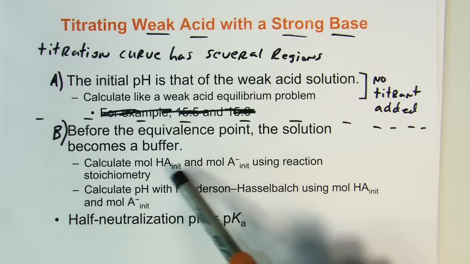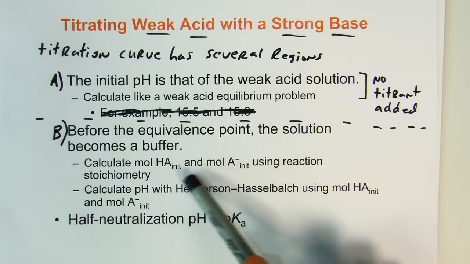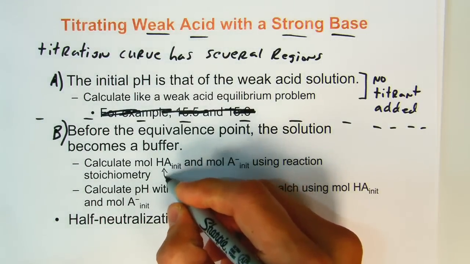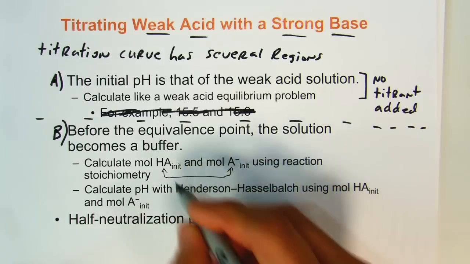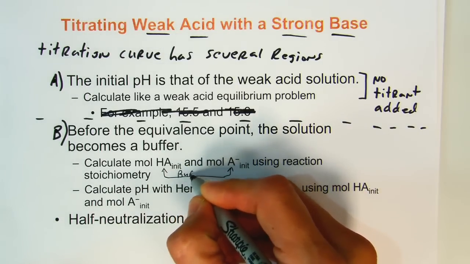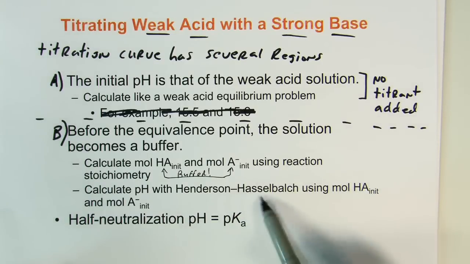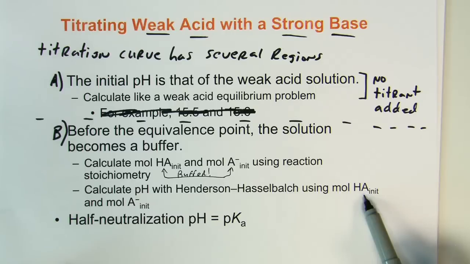So we end up with a mixture of both of these, the HA with the proton and the A minus, the conjugate base. And of course, if we have both of these in solution at the same time, we've got ourselves a buffer. So because of that, we can use the HH equation. If we find the concentrations of the acid and the base form, plug them in and solve.